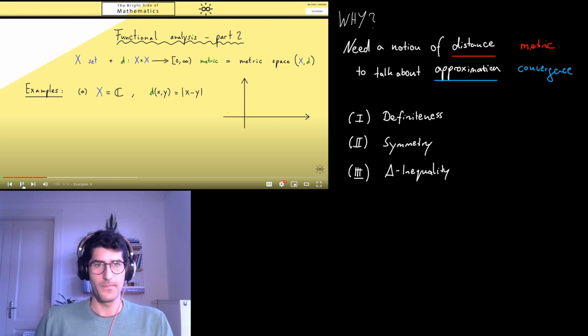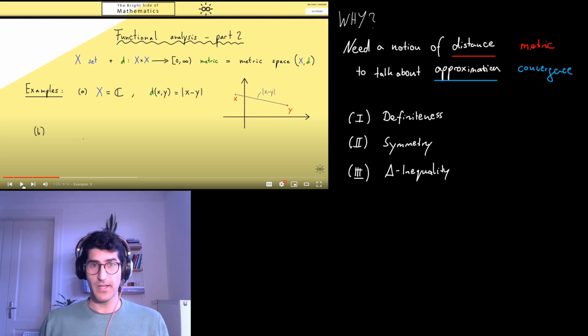Now, the visualization in the complex plane gives us indeed the normal geometry we have in the plane. If we pick two complex numbers x and y, we know we can calculate the difference, which is a new complex number. And the length of this new complex number is exactly the distance we want.